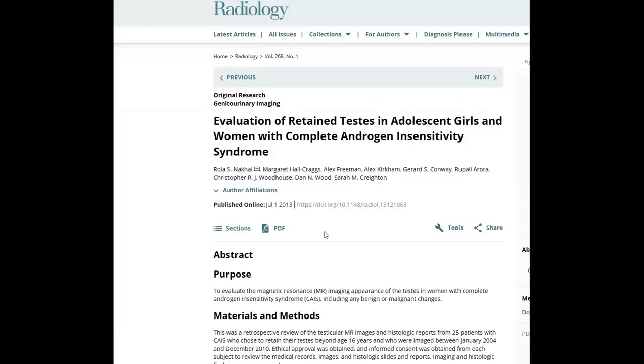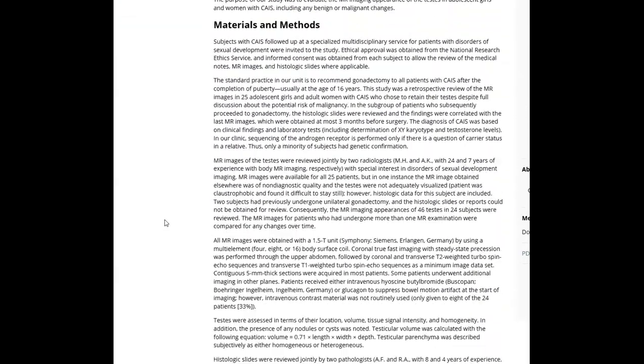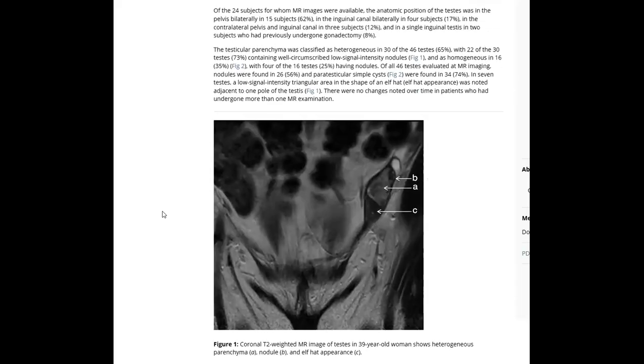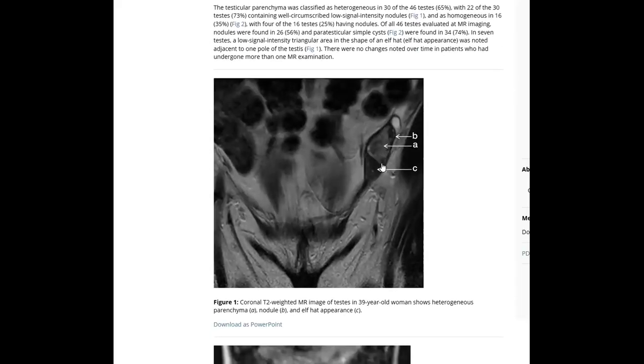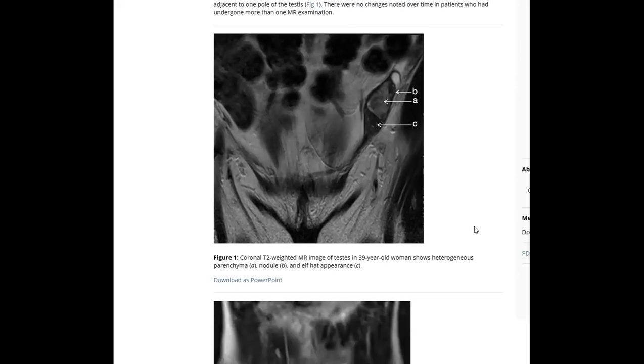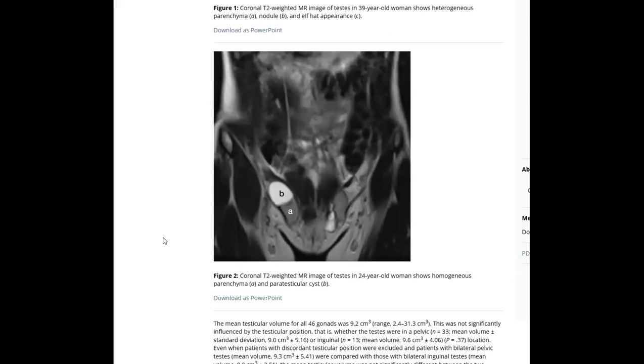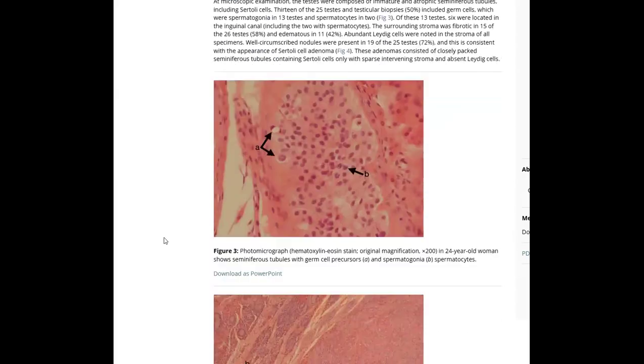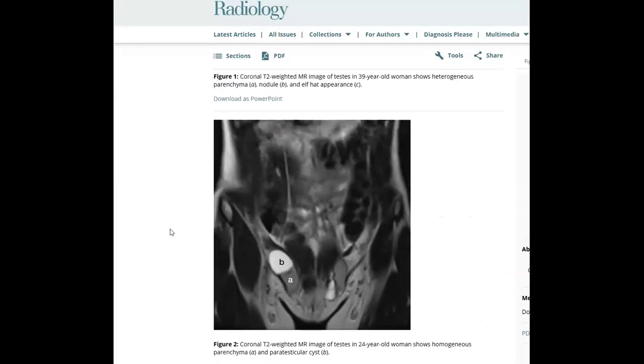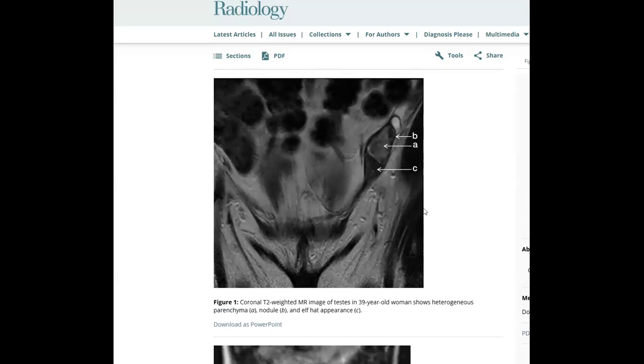That's the paper I was referring to, from 2013. They talk about a couple of things which I showed: Sertoli cell adenomas and paratesticular cysts. They studied quite a few cases, and interestingly their study showed that Sertoli cell adenomas are present in as high as 83% of cases.